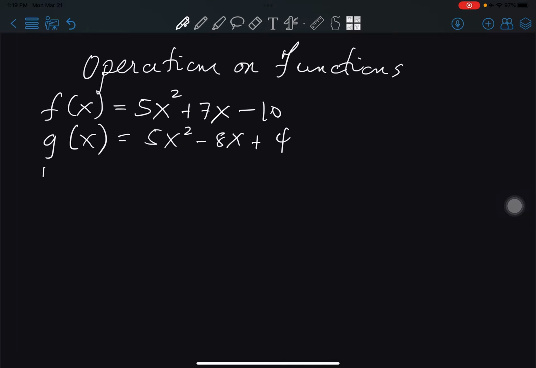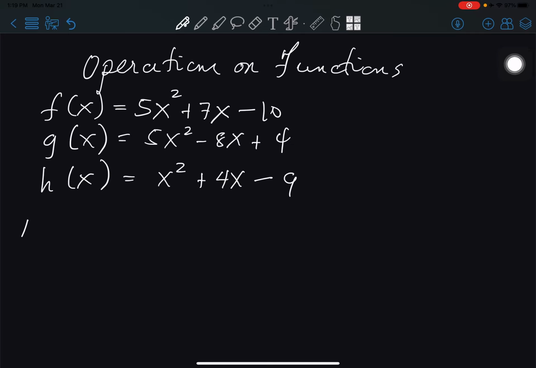Then let's say we have h of x is equal to x squared plus 4x minus 9. We have here different functions. There are three functions. Now, let us use addition.